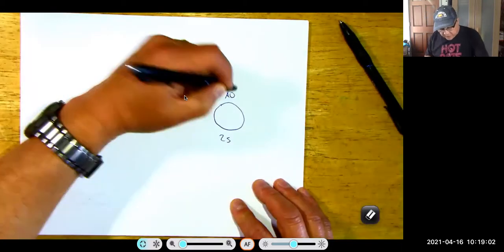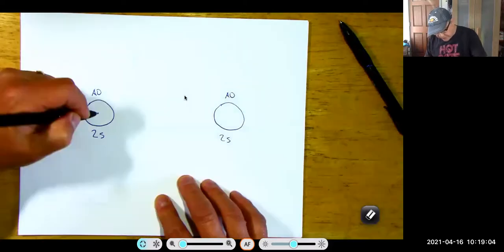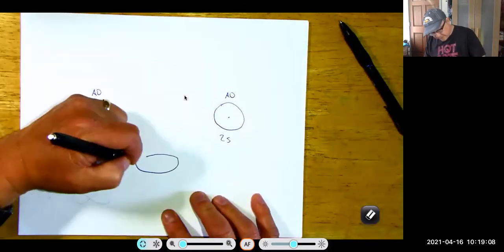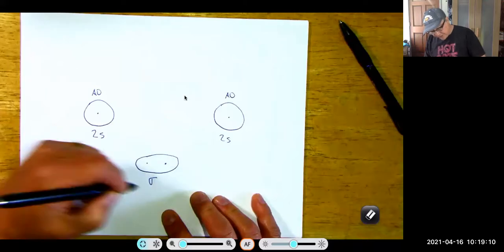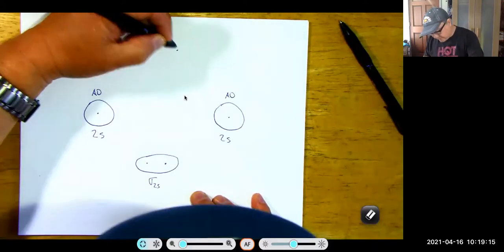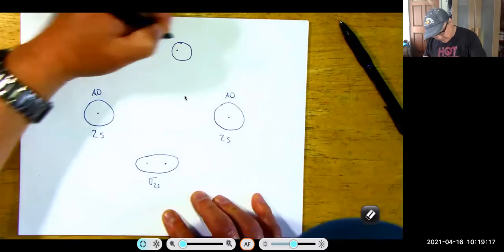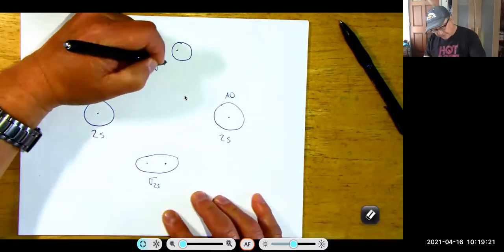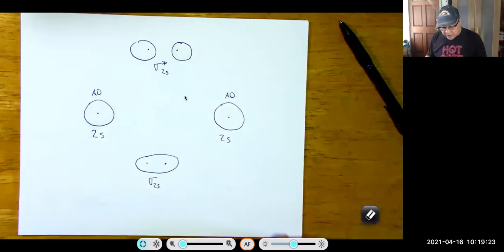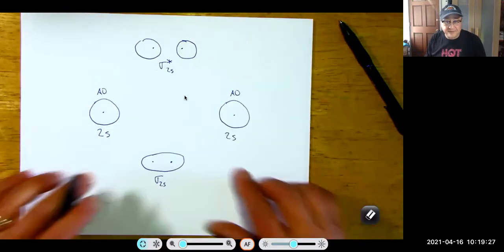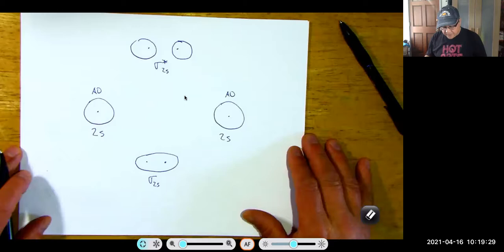So what are the MOs going to look like for a 2s? They're going to look like this. That's your sigma 2s, and it's going to look like this. Sigma star 2s. So does this look a lot like the 1s's? They do.